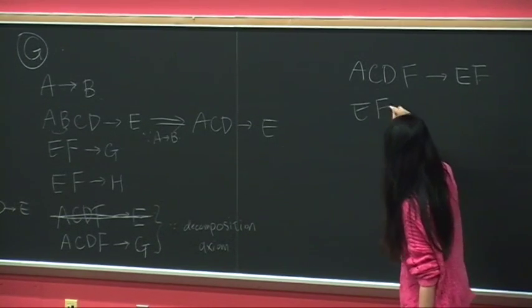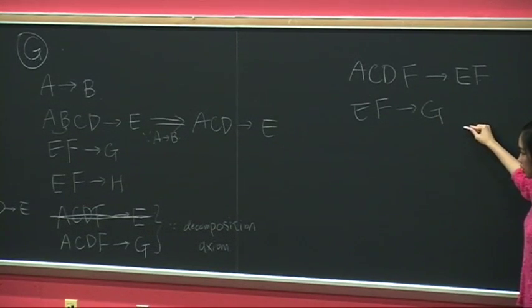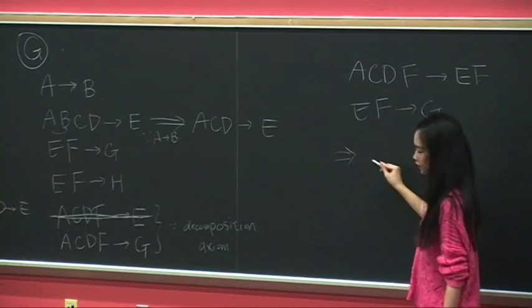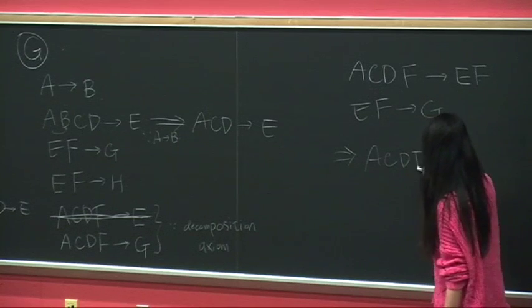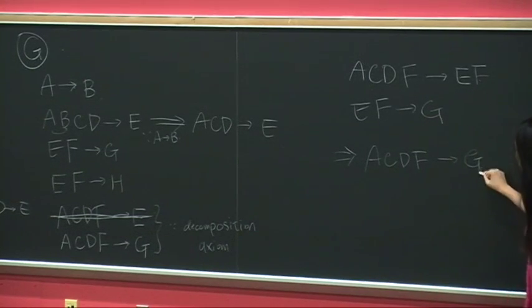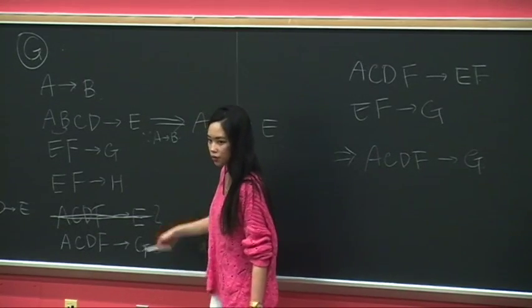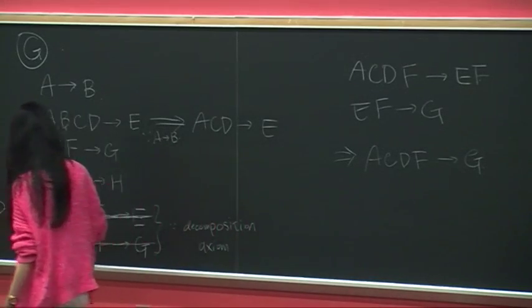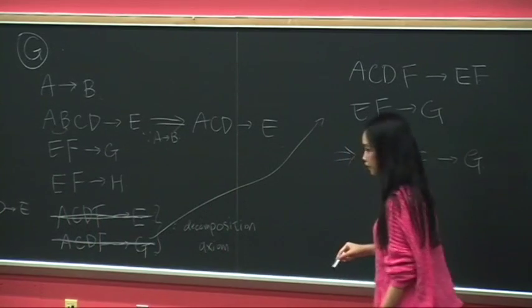We have an EF that is already determining G. So together, through transitivity, we have ACDF determining G. So this one is not necessary in the sense that it can be derived from the other ones already. Cross it out as well, and the reason is because of this.